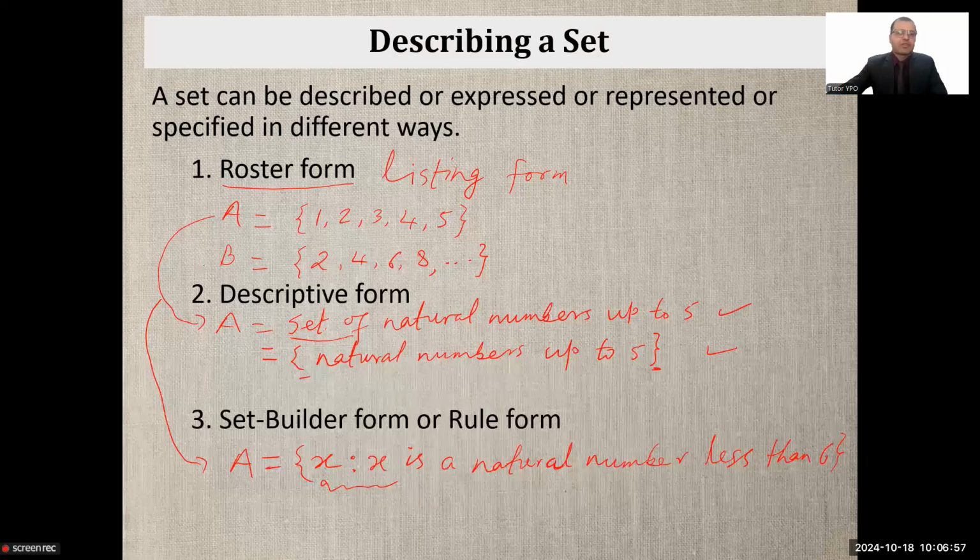Similarly, we can define this set B. B equals, let's suppose another variable here. Suppose these elements are represented by a variable y. B equals set of all y, such that, what is y? Such that y is an even number.